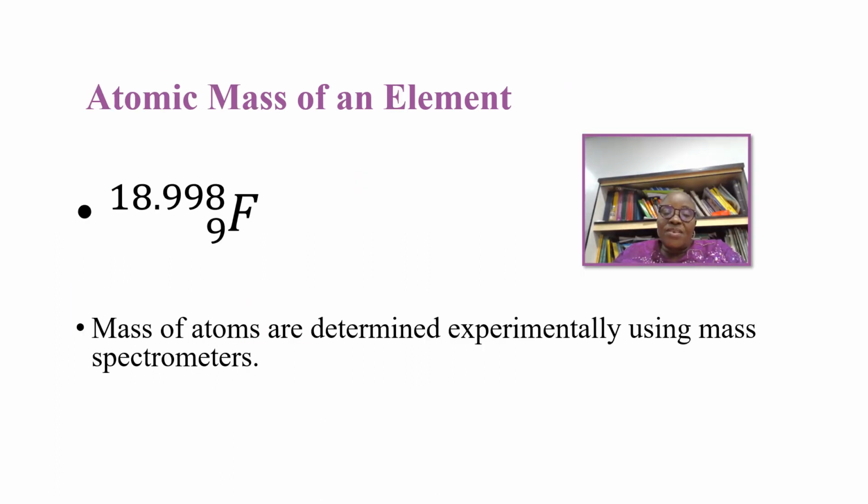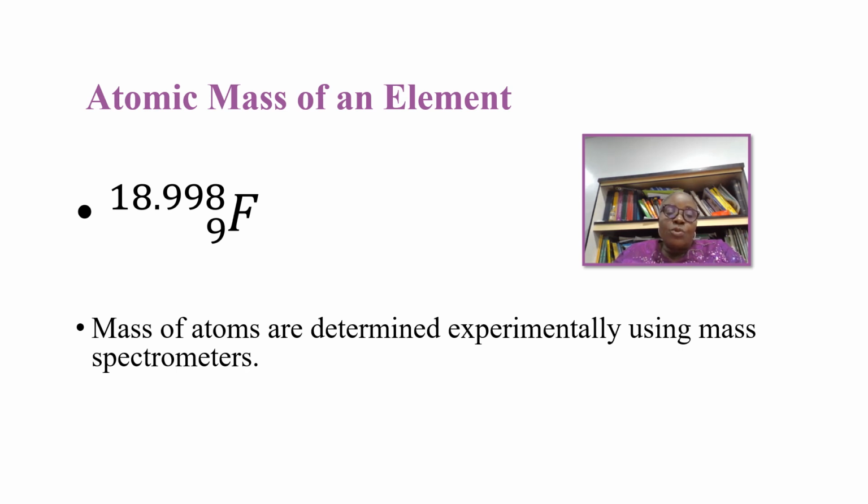Atomic mass of an element. The atomic mass of an element is the sum of the number of protons and neutrons in that atom. For example, the fluorine atom, having a symbol F. It has the subscript here as 9. The 9 there shows the number of protons.